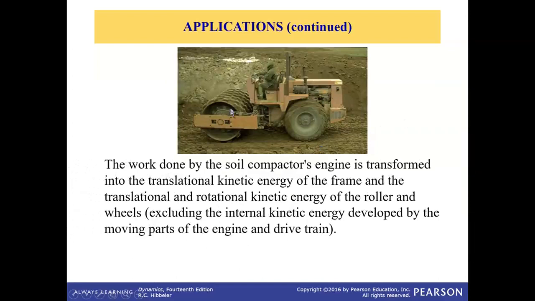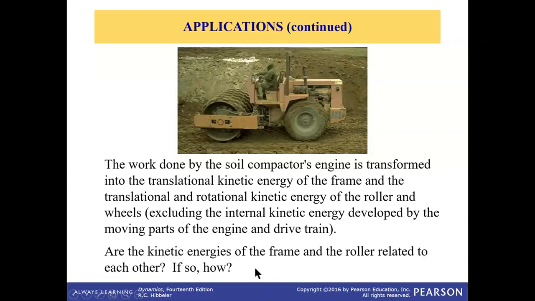The second application is the soil compactor, which has an engine. This engine delivers the power which rotates these wheels, as well as giving translation kinetic energy to the frame. Now this translational kinetic energy is supplied to the roller, which not only rotates but also translates, so it has both rotational kinetic energy and translation kinetic energy.